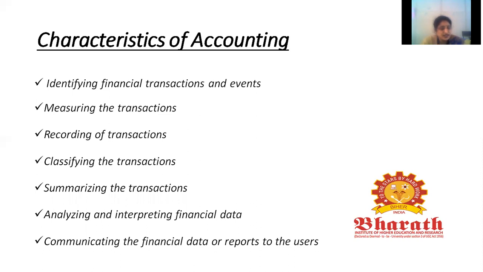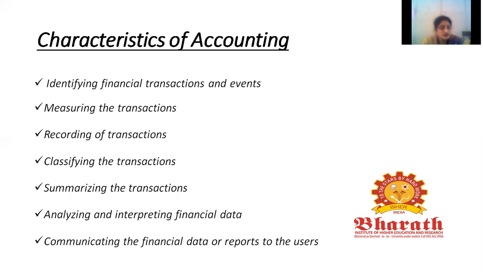The second characteristic is measuring the transaction, which means accounting measures the transactions and events in terms of money, which is considered as a common unit. And the third one is recording of transactions. It involves recording financial transactions in appropriate books of accounts such as a journal or subsidiary book.